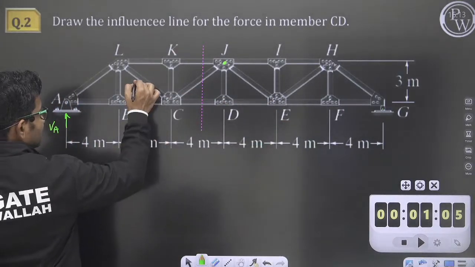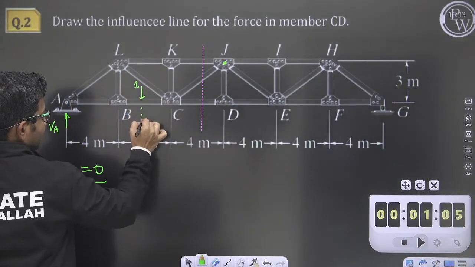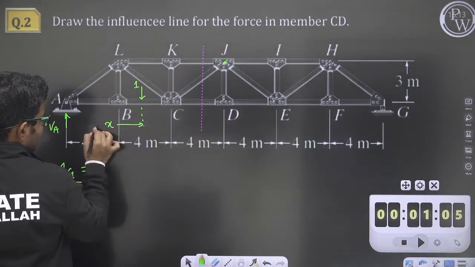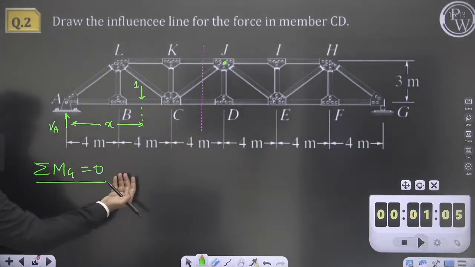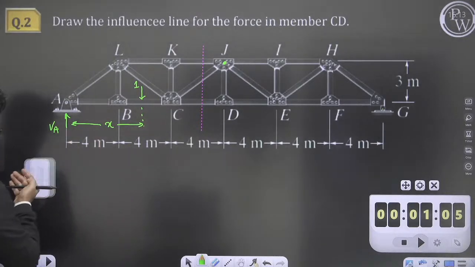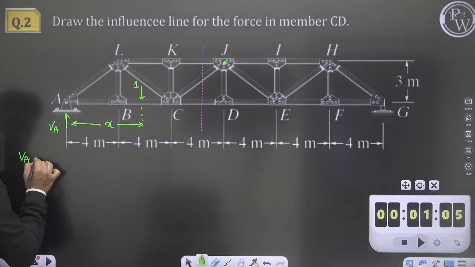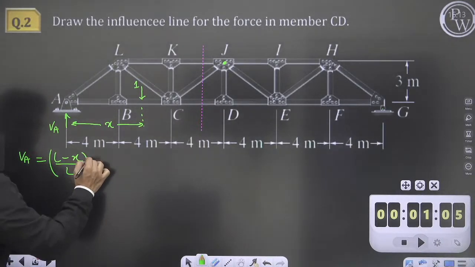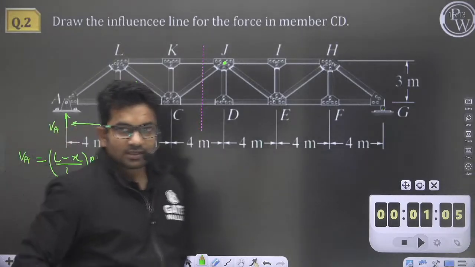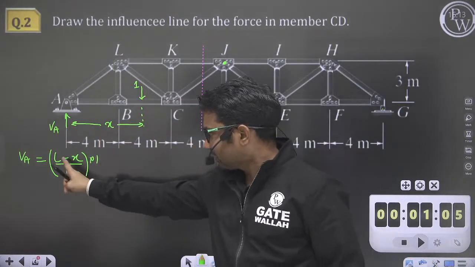Let us say this is the unit load, at a distance x from A. Now if I do summation of moment about G equal to 0, I will get VA as (L minus x) by L into 1. This you know how you will get, L minus x by L.